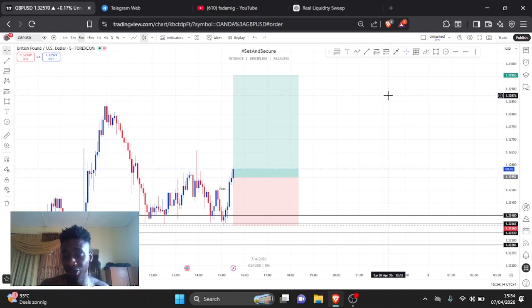Sometimes, for example this trade I took, I didn't send it to any group, not to my VIP and not to my free Telegram channel. I just took it individually. So for you to have access to trades like this, you can follow me on Instagram, this is MG, and watch my stories to see trades like this.